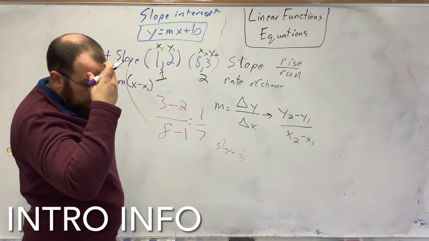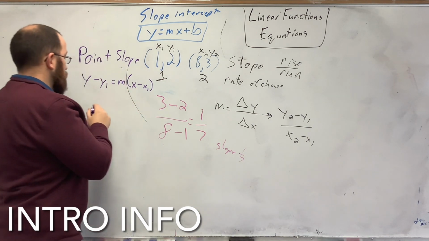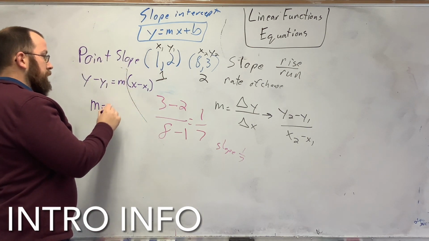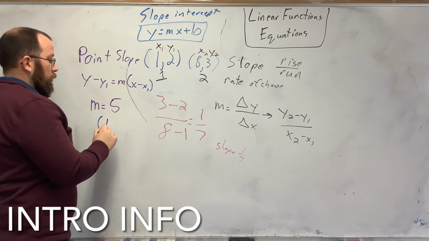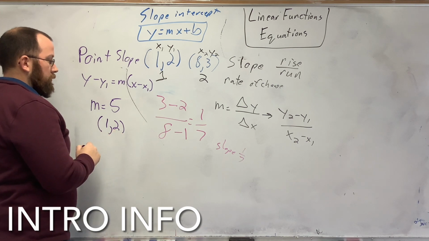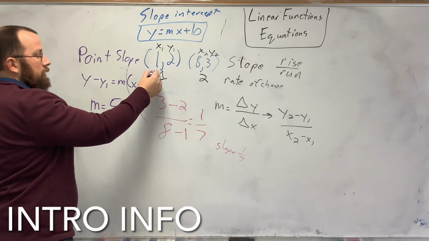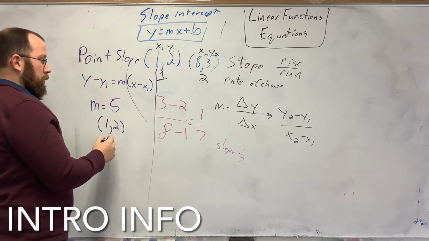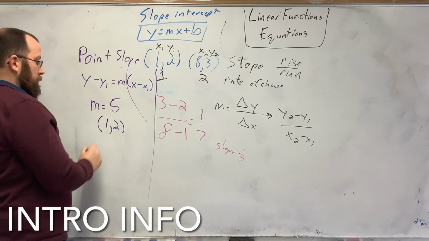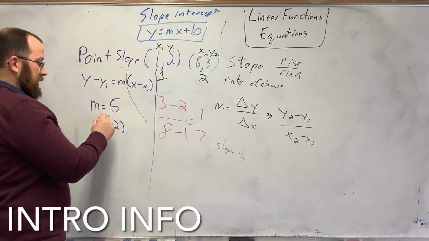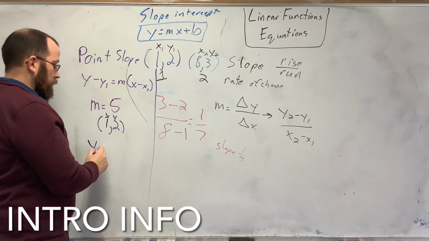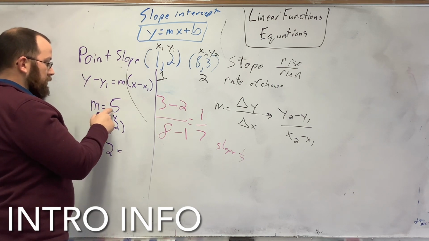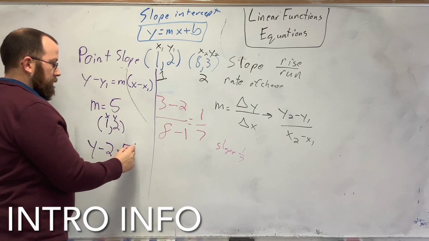So if I tell you the slope is 5 and it goes through the point 1, 2. Right. How I put this in to the point slope form is my y stays the same. That's my x, that's my y. The y from my point goes for the y1. The slope goes in for your m.